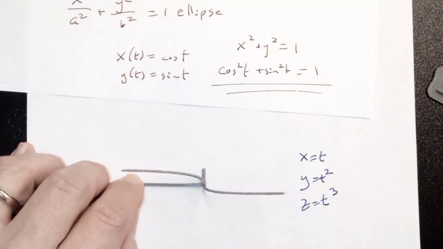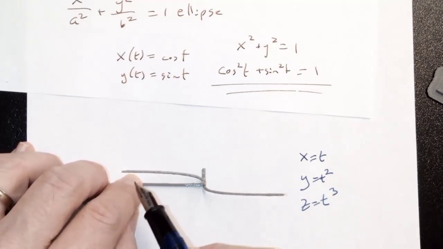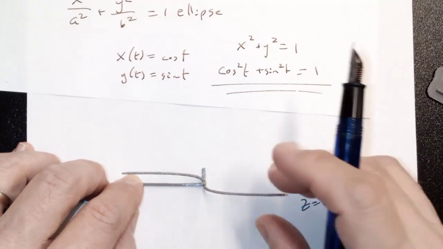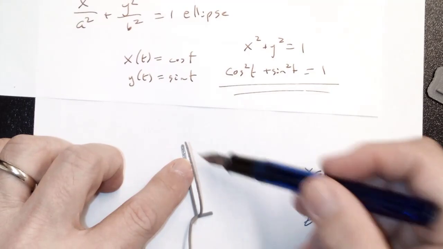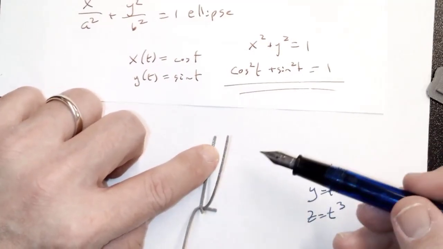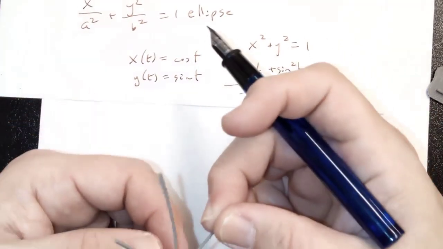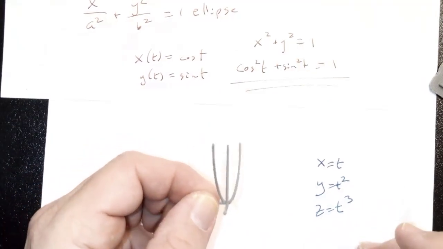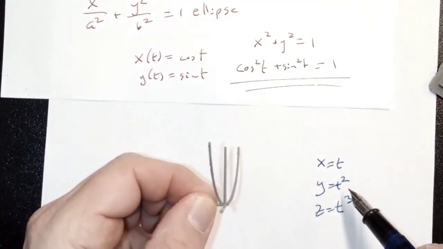If I just look at this in x and z, I should see something that looks like a cubic equation, right? x and z: z equals x cubed. If I just look at it in x and y, I should see a parabola, t and t squared.